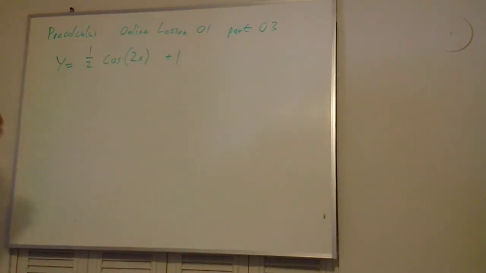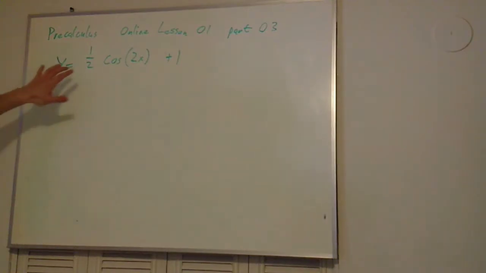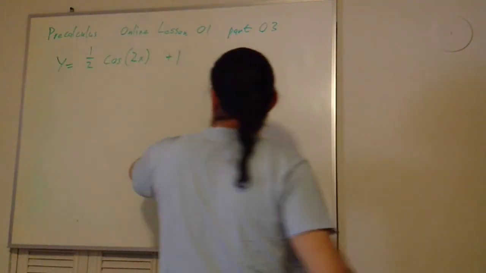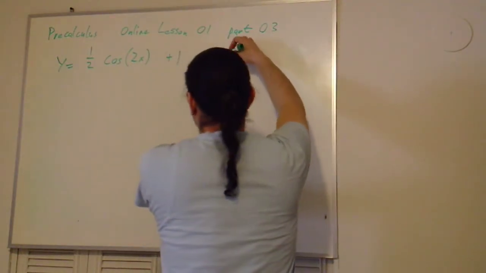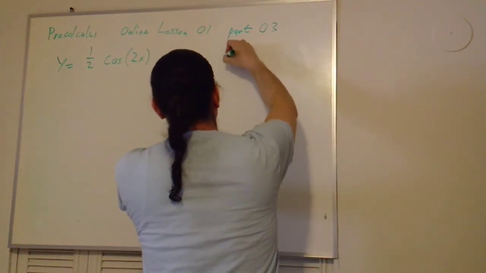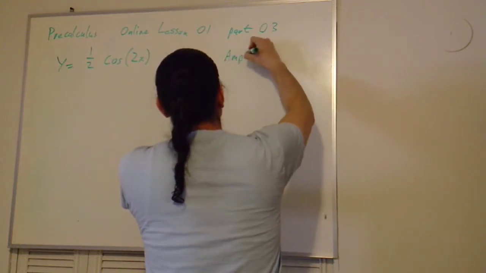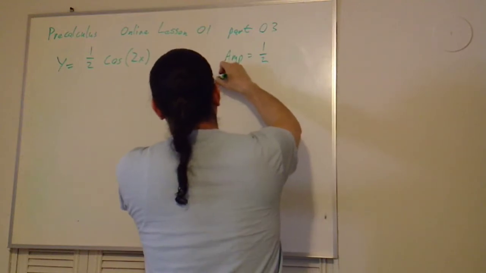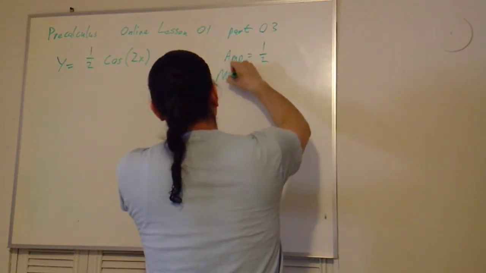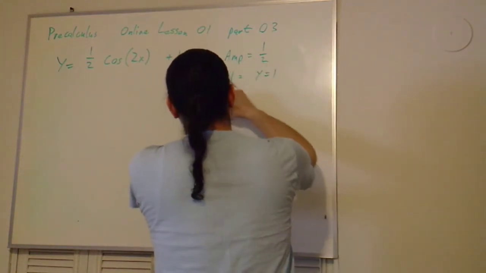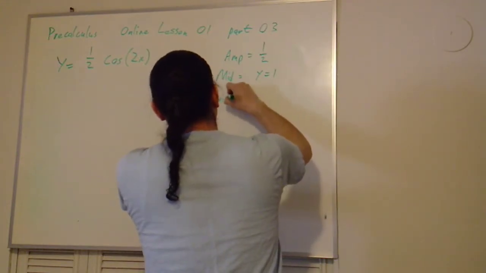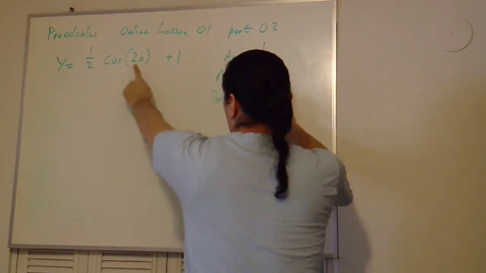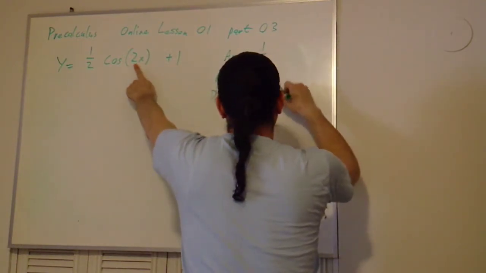plus 1. So, when you are graphing trig waves, I think the number one most important thing you can do is write down all of the different transformations. So in here, my amplitude is 1/2. My midline is y equals 1, and my period is going to be 2 pi divided by whatever this number is.